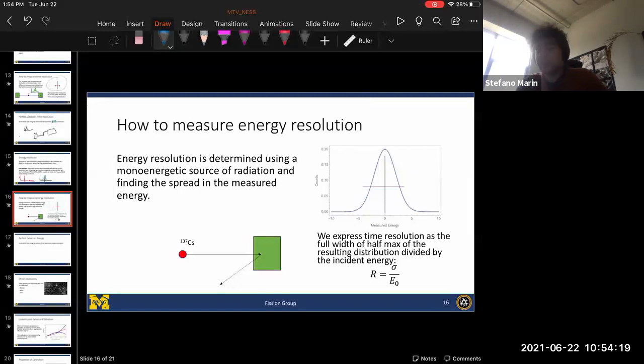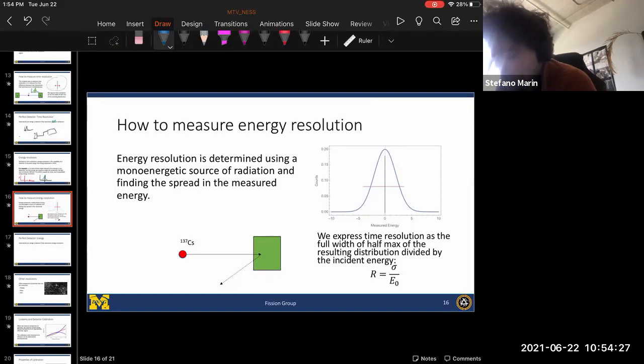One way to do that is to determine, for example, if I have a cesium-137 source or some kind of gamma ray source, and I know that all the particles are depositing all their energy in it, I can histogram the signal that comes out of my detector, and I can characterize my energy resolution simply by looking at the width of that. Now, ignore this arrow here.